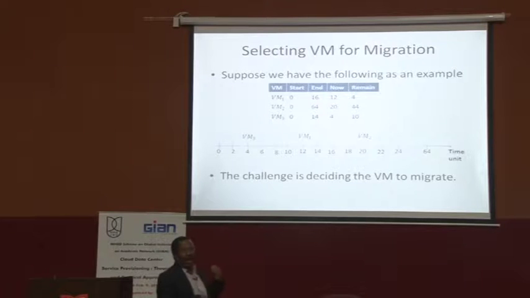We have some processes on one physical node. One of the issues is which of these processes should migrate from this overloaded node? The second problem is to which node, if you have multiple nodes.